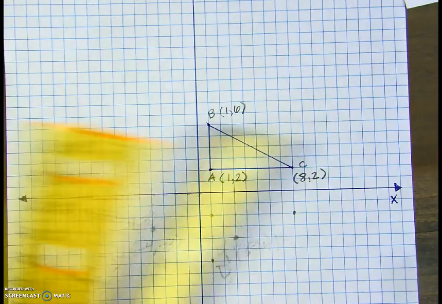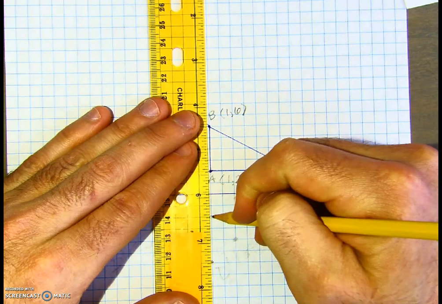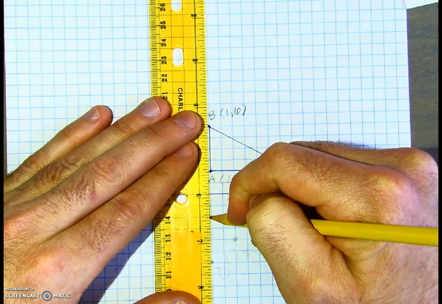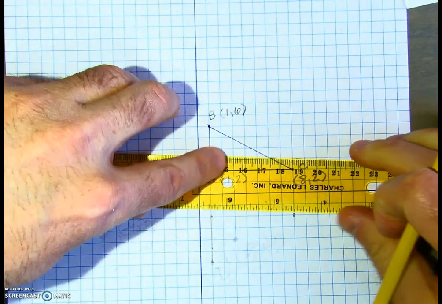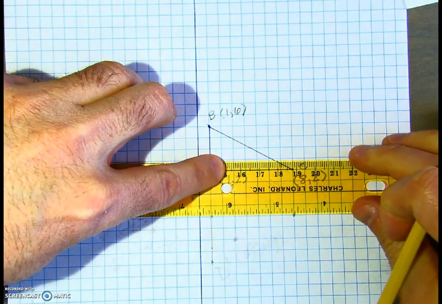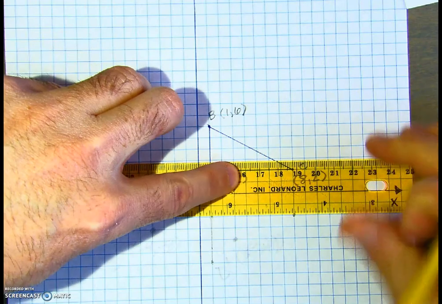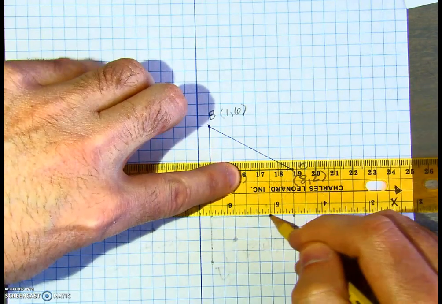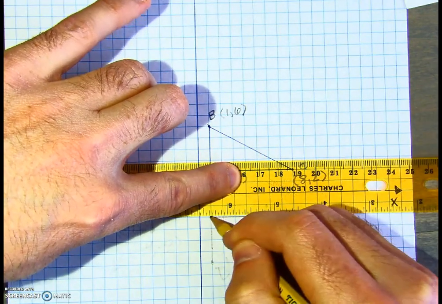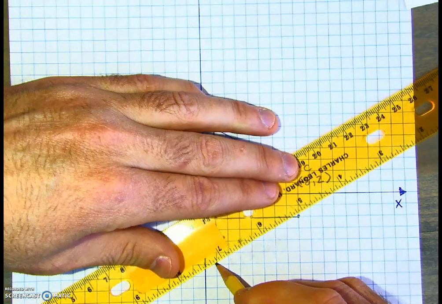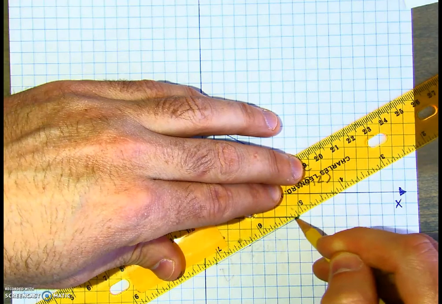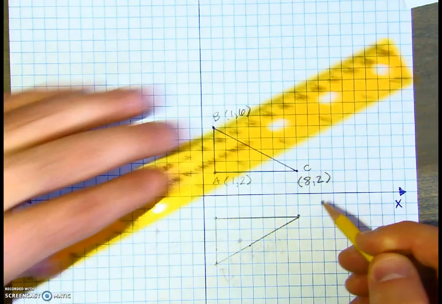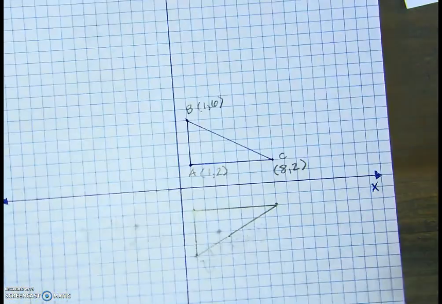Let me take my straight edge and I'm going to draw my new image. I think our vocabulary is built high enough now that a lot of the things that I'm saying make sense to you. This is our new image. The original is called a pre-image. All right, that looks pretty good.